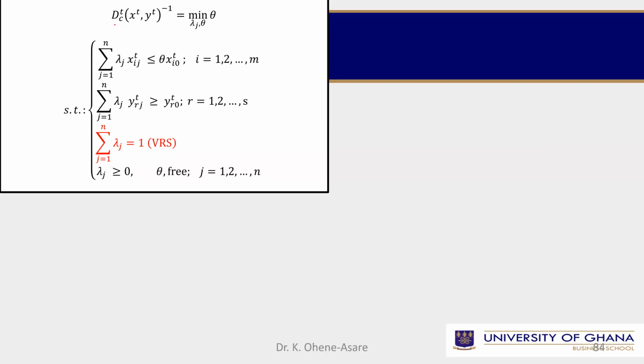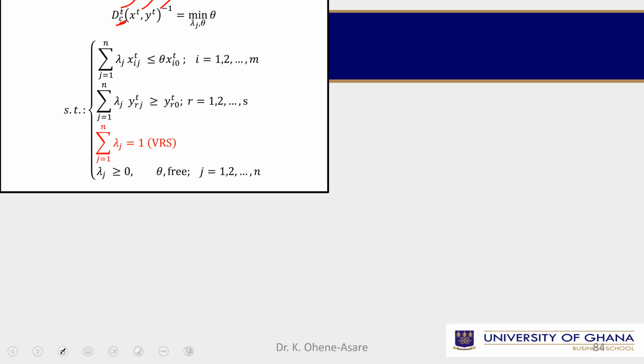You see, I have written the efficiency because the reciprocal here is more or less technical efficiency. The subscript C means I'm dealing with constant returns to scale. The fact that you have superscript T means that we are dealing with time period T, or the current time period. How do you find that score?